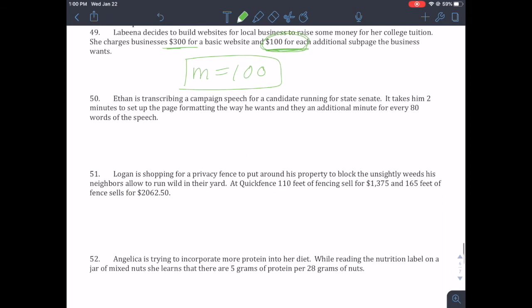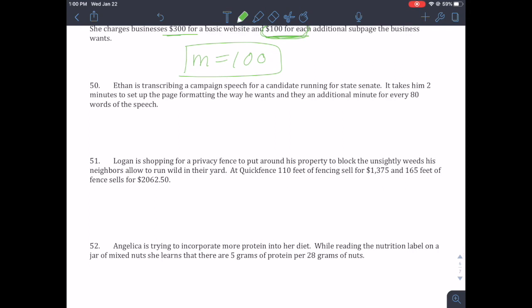Now, if we look at a problem like 51, here it says Logan is shopping for a privacy fence to put around his property to block the unsightly weeds his neighbors allow to run wild in their yard. At Quick Fence, 110 feet of fencing sell for $1,375, and 165 feet of fence sell for $2,062.50. So they didn't give us that each or every or per kind of information, but they told us two moments in time.